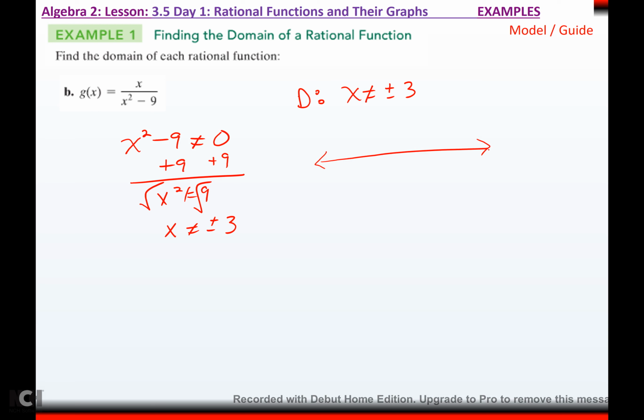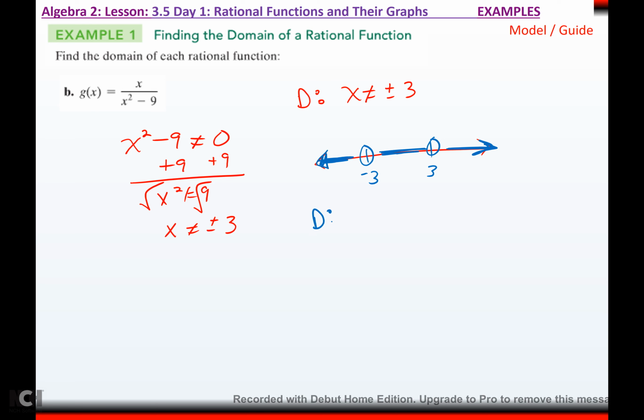In interval notation, you say at positive 3 and at negative 3, the function doesn't exist because those values have to be excluded from the domain. But those are the only values that have to be excluded. My domain can be everywhere else except for negative 3 and positive 3.